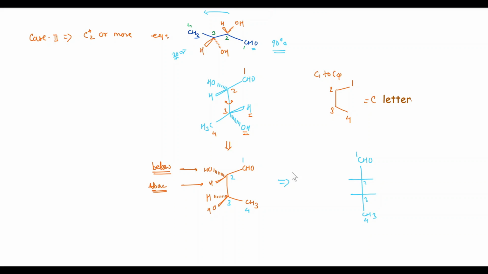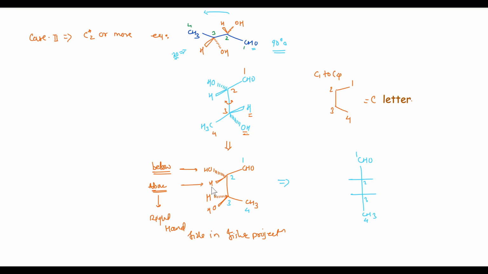Let us write the substituents of carbon number 2 from the dotted wedge line formula into the Fischer projection formula. Basically, when the carbon 1 to carbon 4 chain is like a C, then the substituent which is above the plane in the dotted wedge line formula, we have to write on the right hand side in the Fischer projection formula.